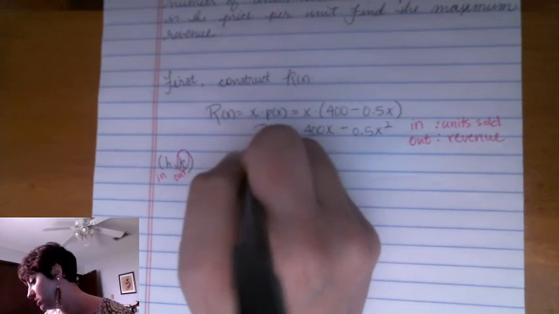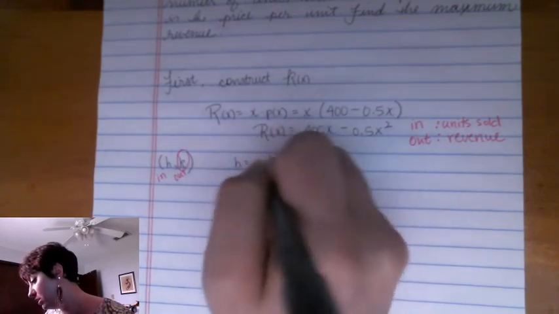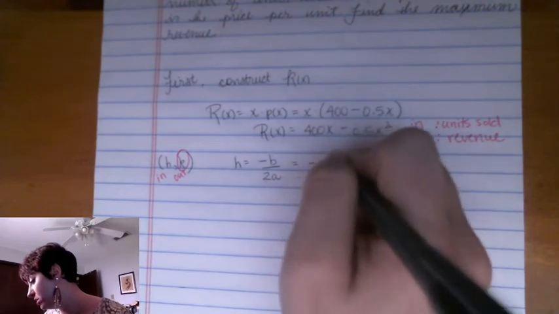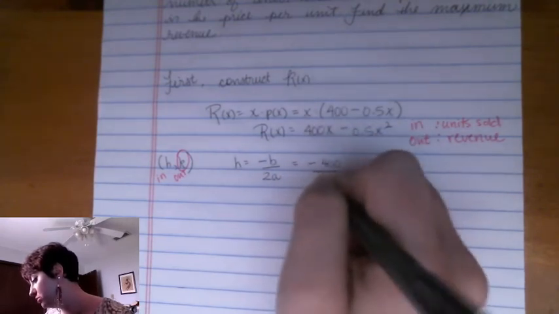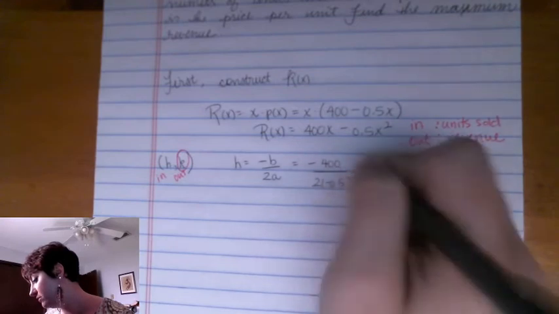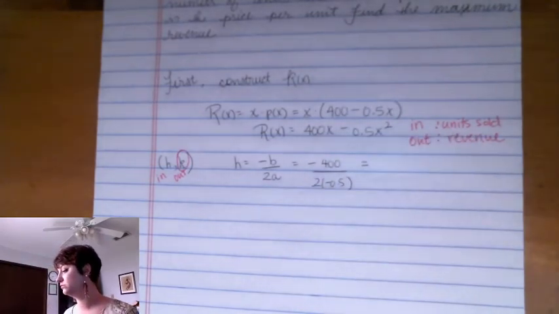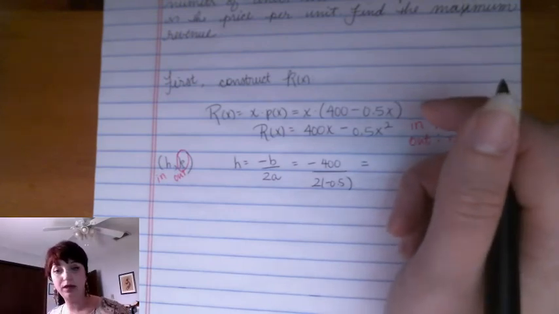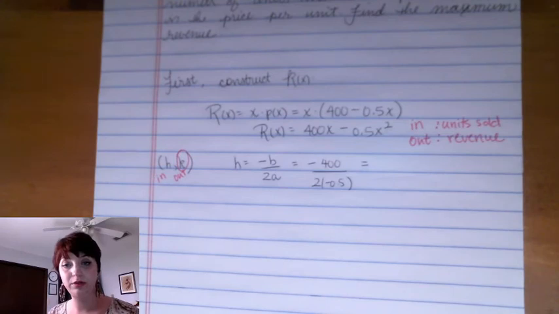So first, h is given by negative b over 2a, which is negative 400 over 2 times negative 0.5. So 200. No, 400. Okay.